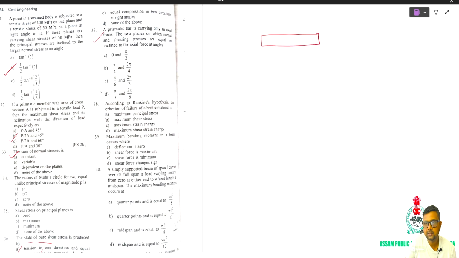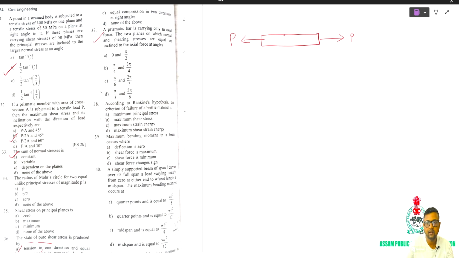So this is a prismatic bar. This is carrying only axial force. It can be compressive or it can be tensile. Right. The two planes on which normal and shearing stress are equal.